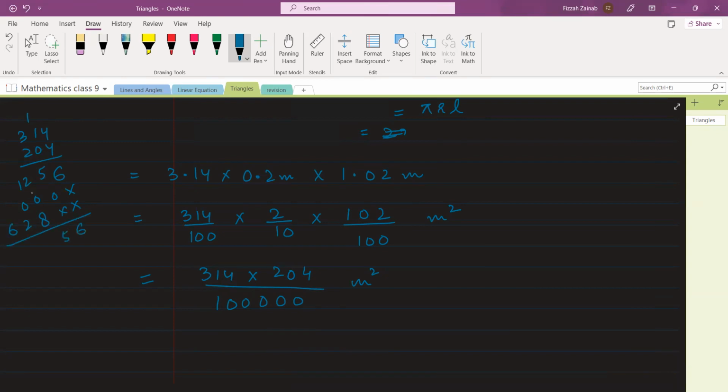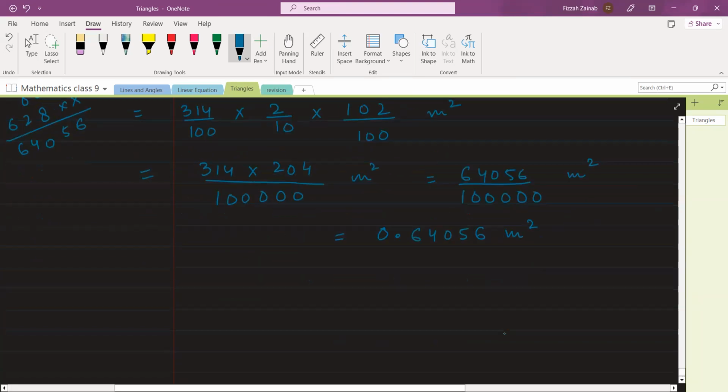Adding, okay, so I'm getting 64056 divided by 5 zeros, meters square. Now you can put back the decimal. So these are 5 digits, so it will become 0.64056 meters square. This is the CSA of one cone.